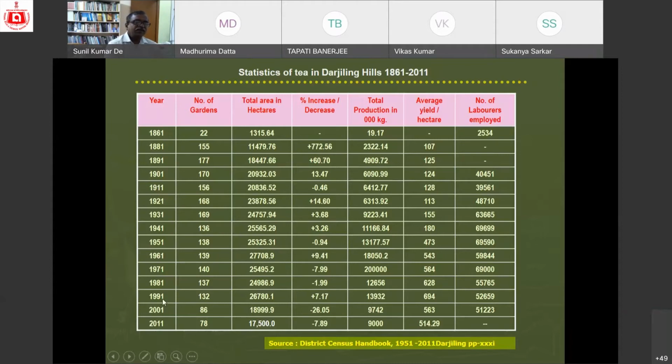After that, in 1991, usually the chairman of this Tea Planters Association used to be a British person because they started this. After that, Indians took over. And since 1991, different types of social and political problems started, and tea gardens started to deteriorate. And you see the number and area both have been reduced up to 2011, because 2021 data till now we didn't get, it is not published.